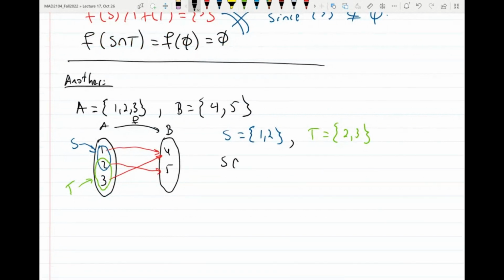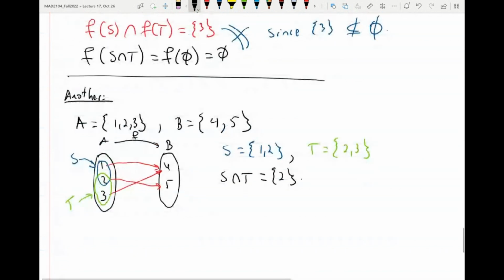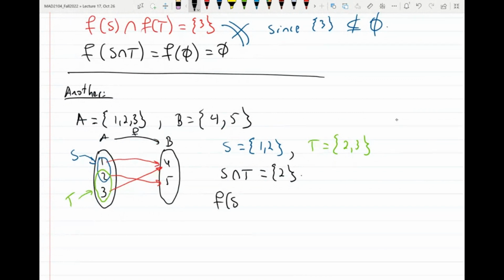All right, so this time we have a non-empty intersection. What's the intersection? It's {2}. So let's compute what we need. What's the image of S? {4, 5}. What's the image of T? {4, 5} as well.